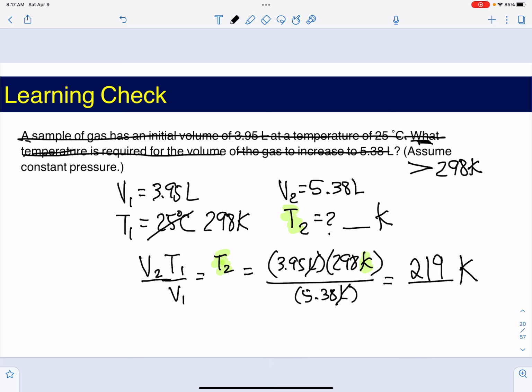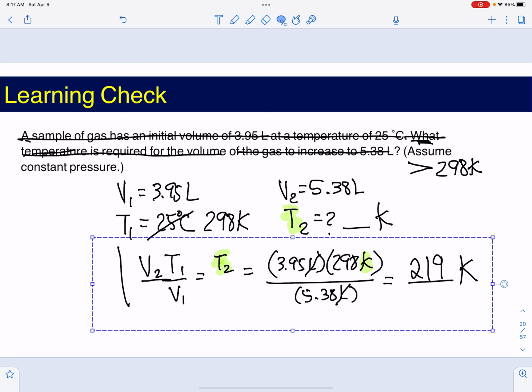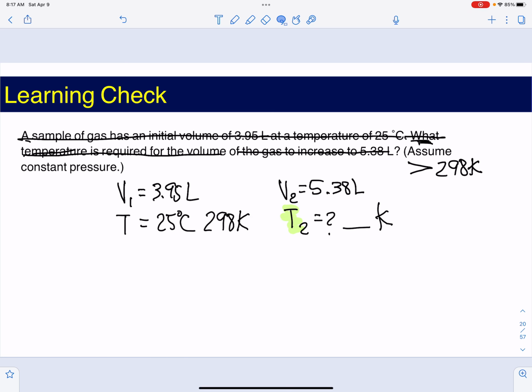Let's do this again. And there's no change, because this is an excellent opportunity to show you why it's so important that you analyze the result at the end. So let's do this again. V1 is 3.95, no problem there.